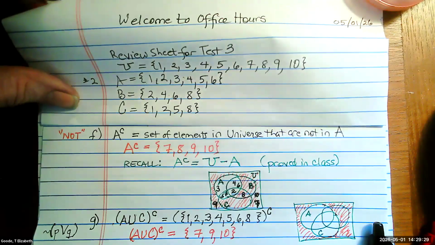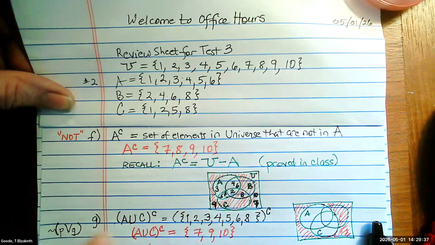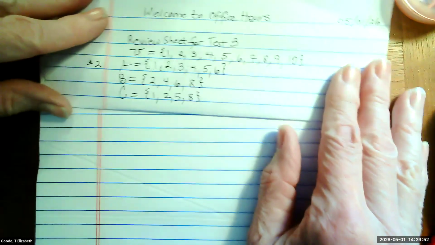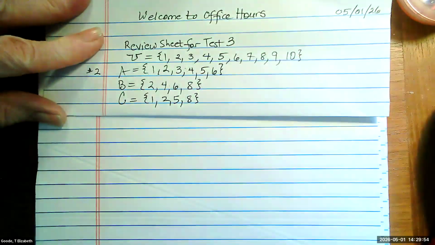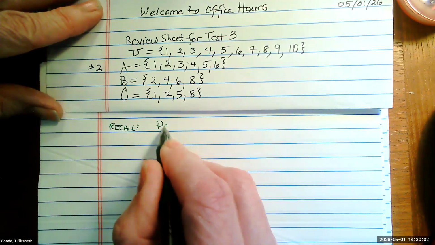Yeah, it makes sense. Now, I'd like to give a couple more problems because A union C complement is really a "not" applied to the "or" operator. So remember De Morgan's laws? This will be good review for the final two.